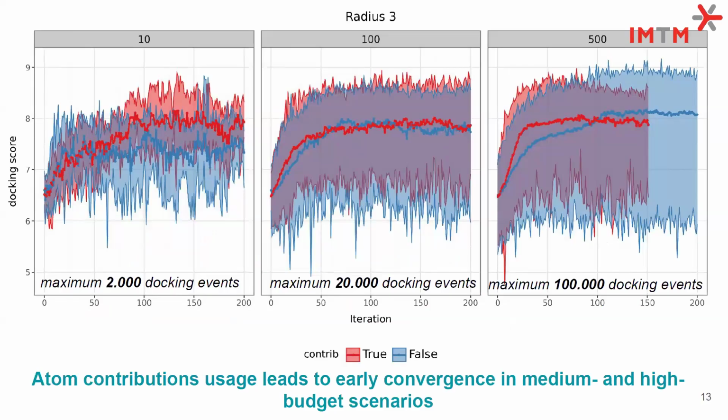Then we also tried to apply the same procedure for the medium and high budget scenarios, as I mentioned, 20,000 and 100,000 generated molecules. We can still see that atom contribution helps the algorithm to converge early.